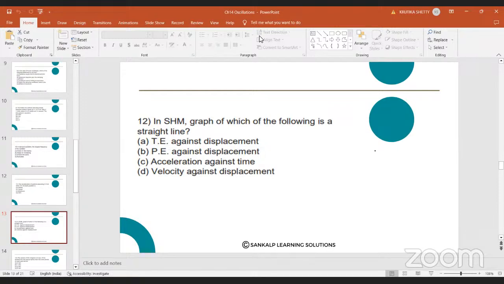A, that is total energy against displacement.